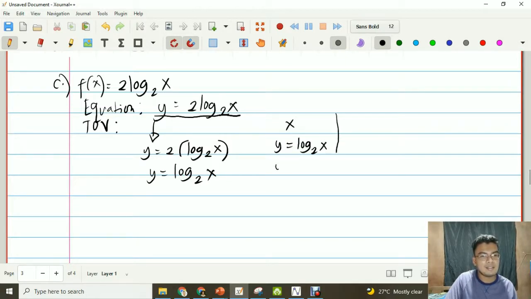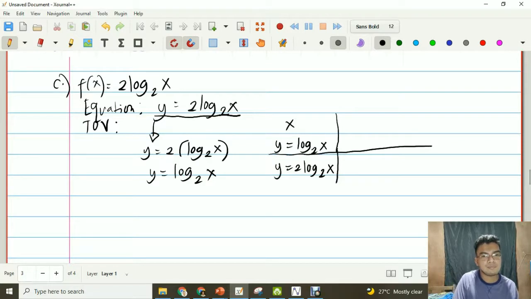And then here, sa pangatlong row, andyan na yung y value for the given equation, 2 times log base 2 of x. Sorry sa aking hindi pantay-pantay na lines.